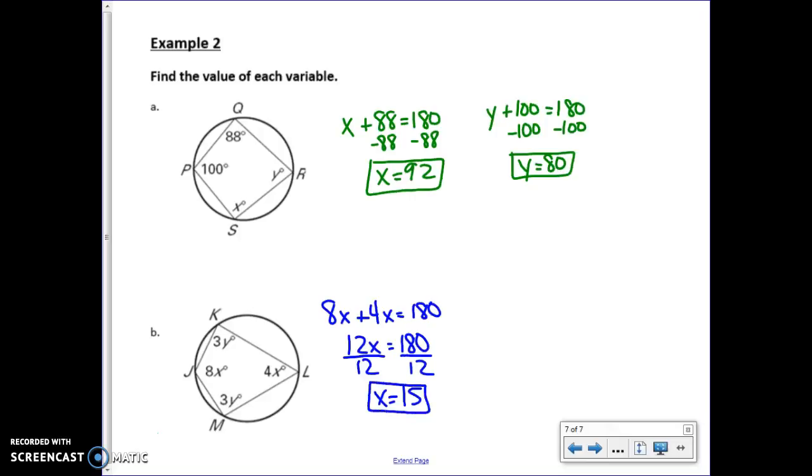And same thing with y. We get 3y plus 3y is equal to 180. So 6y equals 180. We divide by 6 on both sides. And y would equal 30.